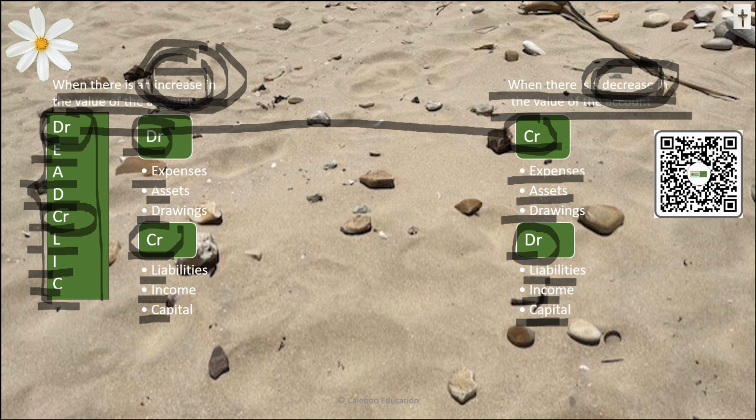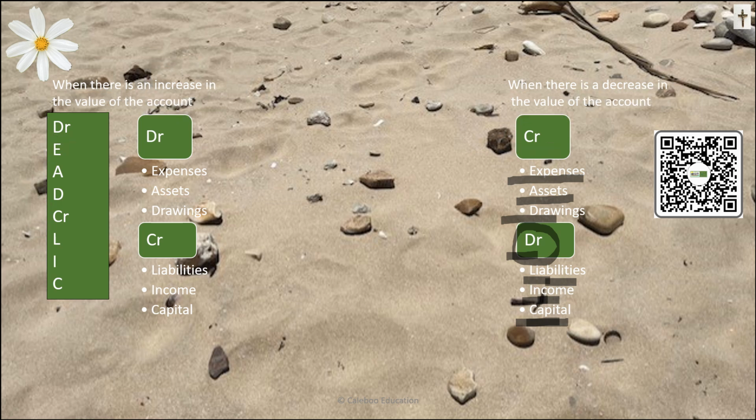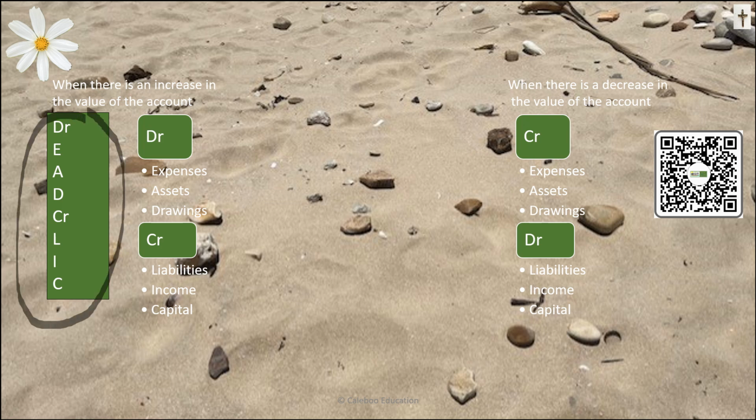So let me just rub that all out and make it a little bit neater. So it starts like this. In order to remember your rules by an acronym, you need to know DEADCLIC. When there's an increase, we debit the following classes and we credit liabilities, income, capital.